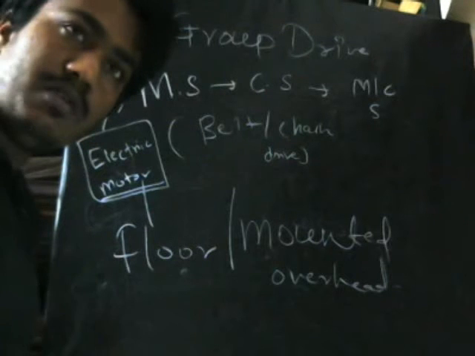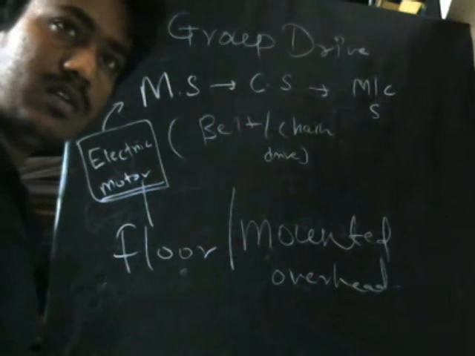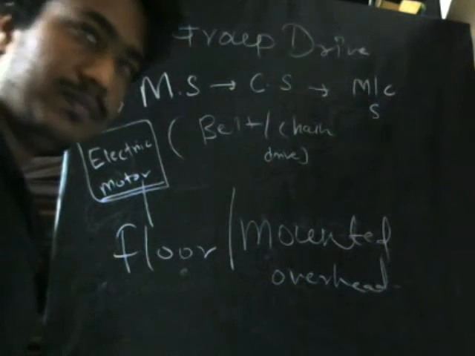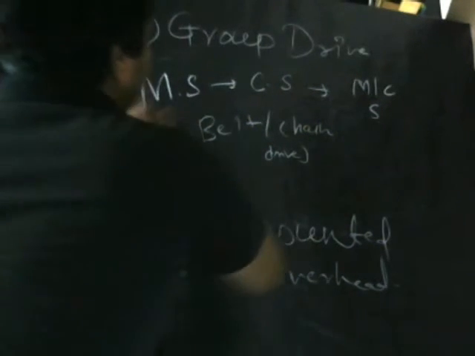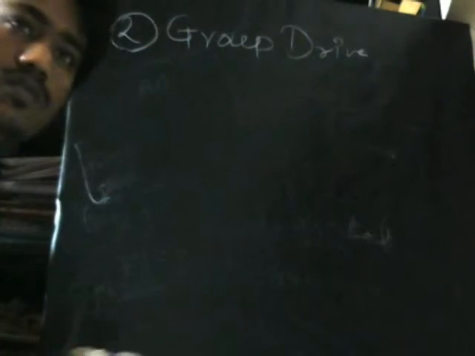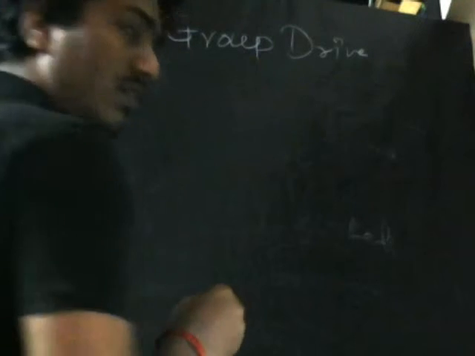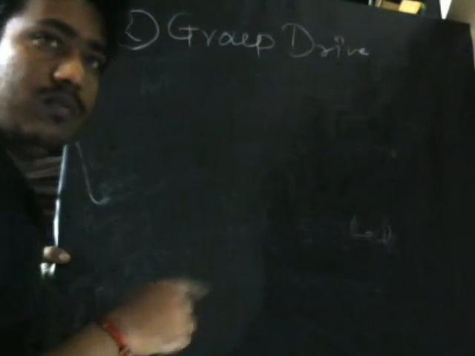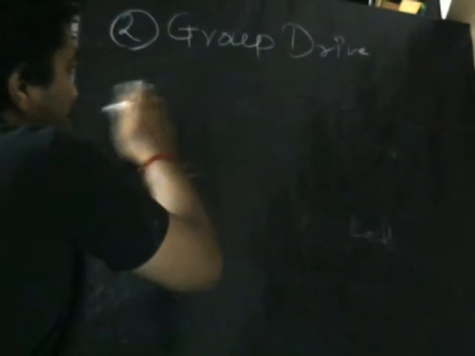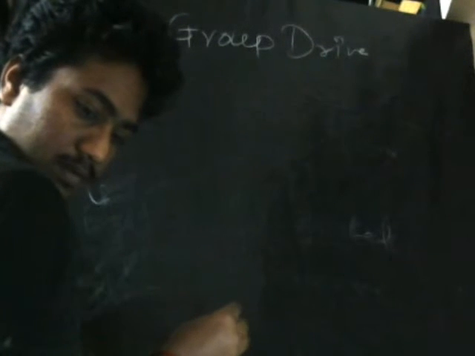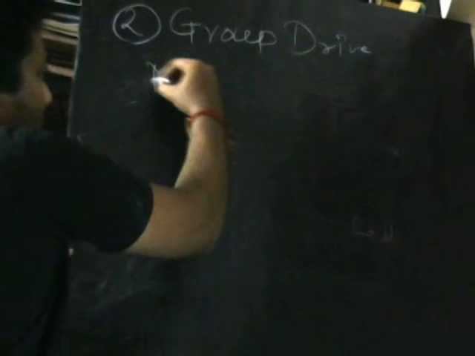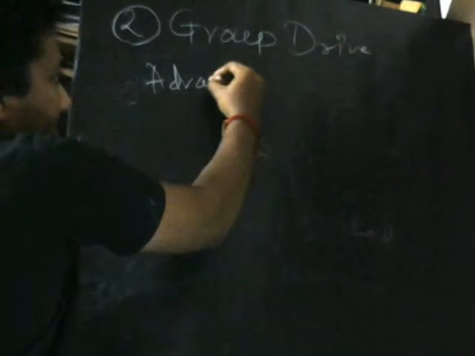So we have some advantages as well as disadvantages. For differentiating it, we should write it on board. Group drive is useful, that is the main thing, and it is suitable for a large variety of applications. So we are writing our third point. We'll see it like advantages. So I will write here advantages.